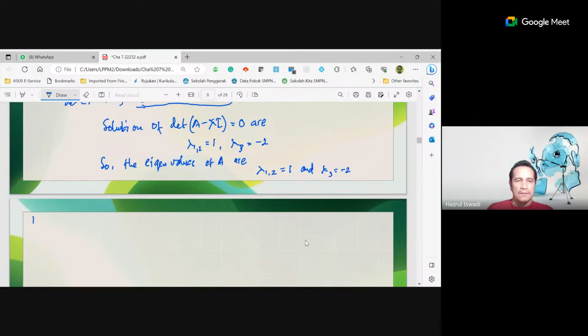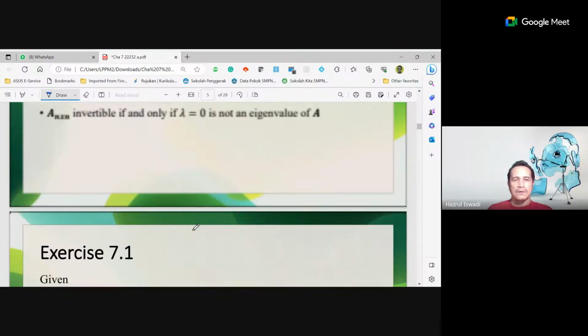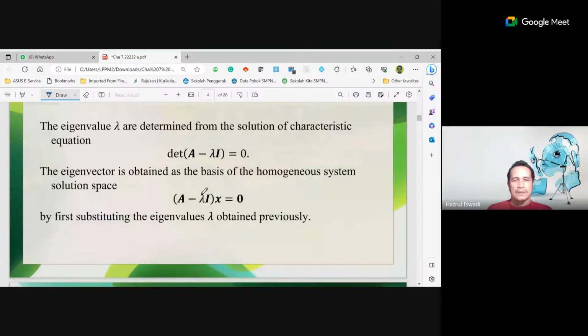For lambda 1, 2 equal to 1, we substitute the value of lambda into this equation.